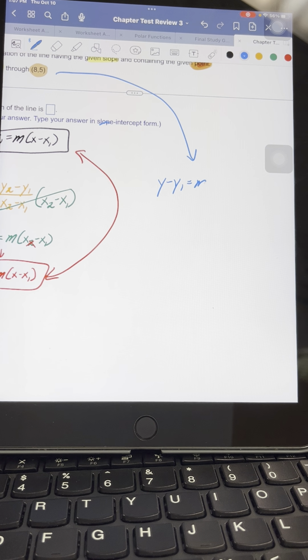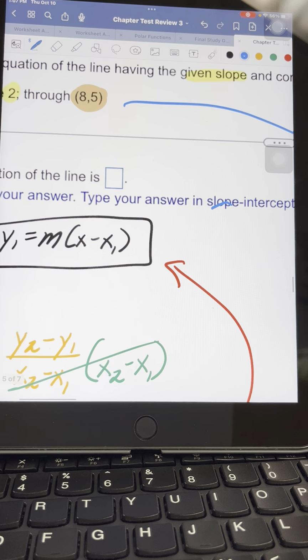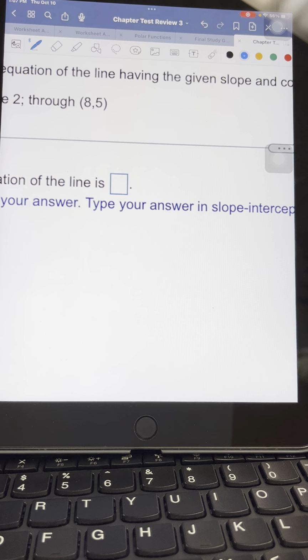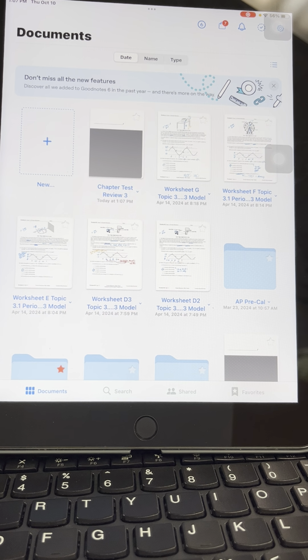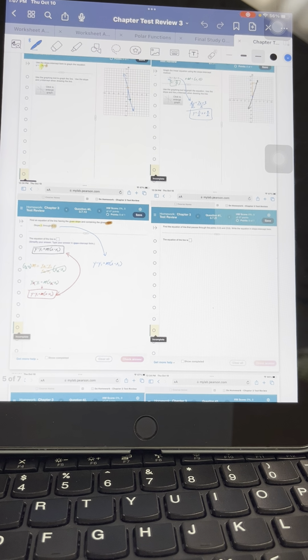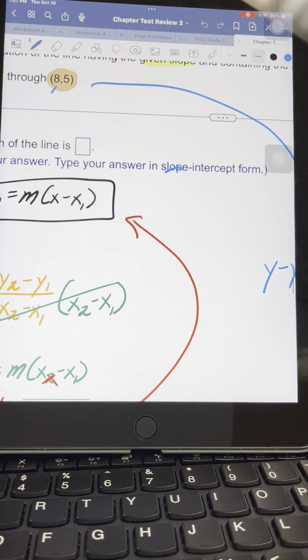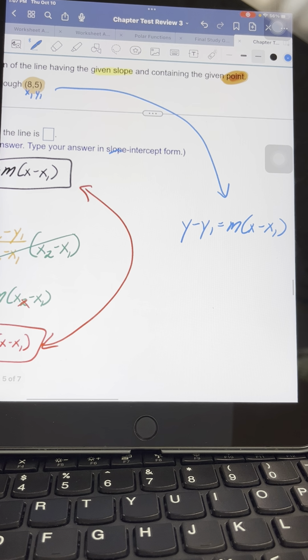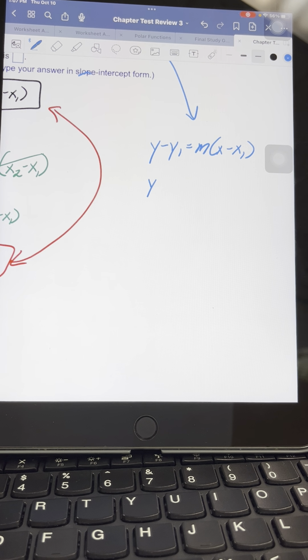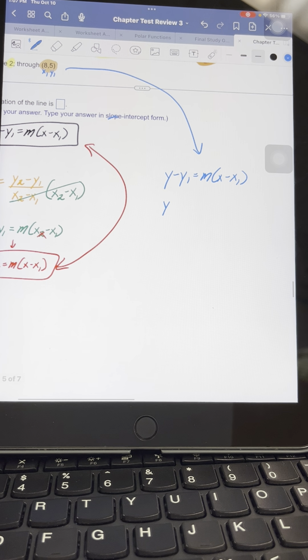What's my x and what's my y? x1, y1. Now y minus 5 equals, what's my slope? 2 times x minus 8. Okay, so this is the point slope form.